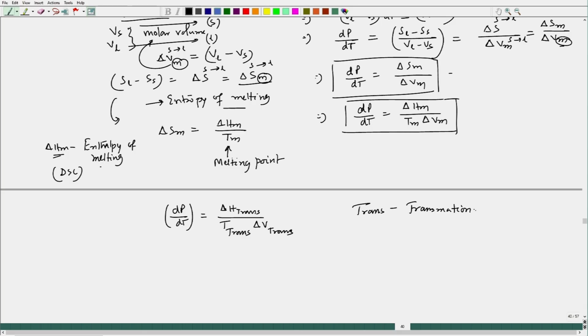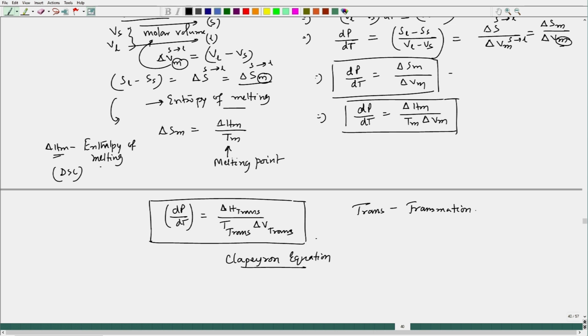Okay. So, this is a generic equation. So, this equation is called Clapeyron equation. Okay. Fine.